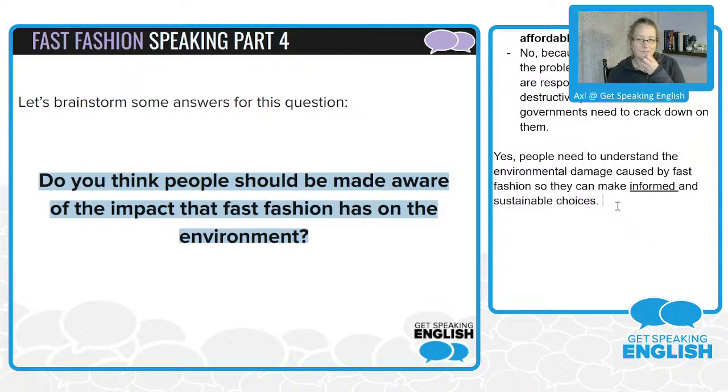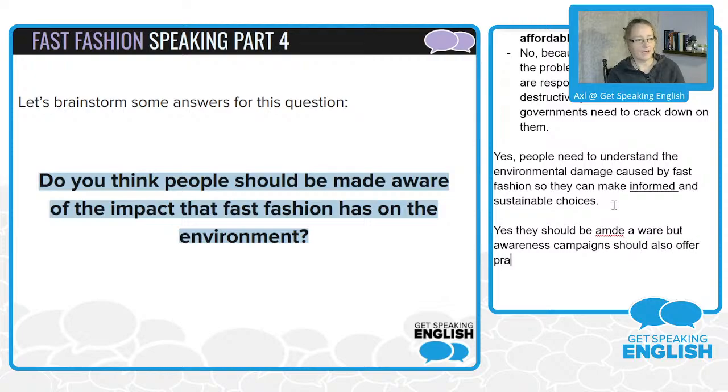Yeah, so yeah, definitely things. You could potentially argue that, yes, they should be made aware, but awareness campaigns should also offer practical alternatives or solutions.